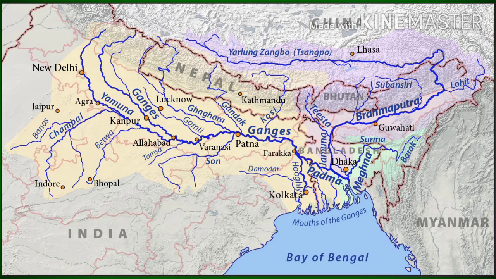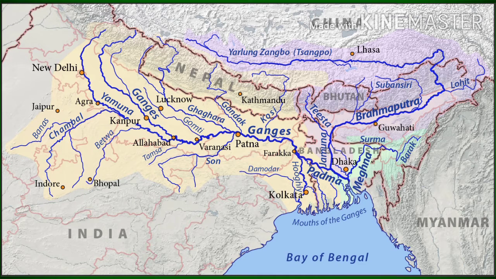From here it flows first to the south, then to the southeast and east before splitting into two distributaries, namely the Bhagirathi and the Hooghly. The river has a length of 2,525 km. It is shared by Uttarakhand around 110 km and Uttar Pradesh around 1,450 km.